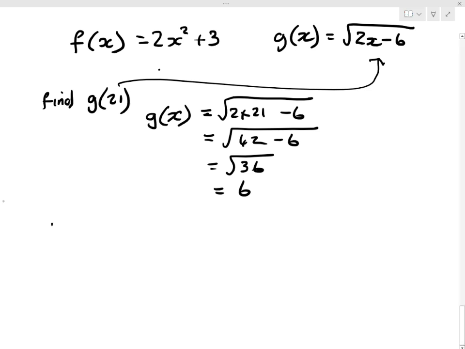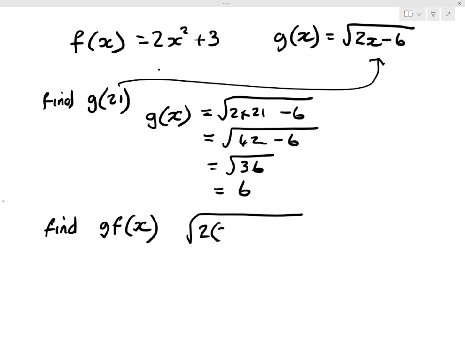Now find gf of x. So what we do is we put the f inside the g. So we've got that big square root thing there, and the g bit there is 2x, and then this comes from the f, 2x squared plus 3, and then the minus 6 at the end.